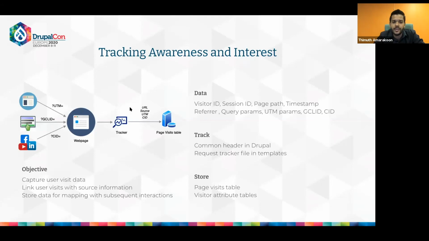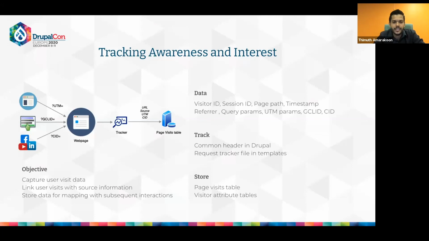And you can have a tracker in your website and store this in your local data store to map with your activities. I will go through the data in the next slide. And to track this will be a common header, like a site-wide tracking. So it will be similar to the third-party tool stage as well.